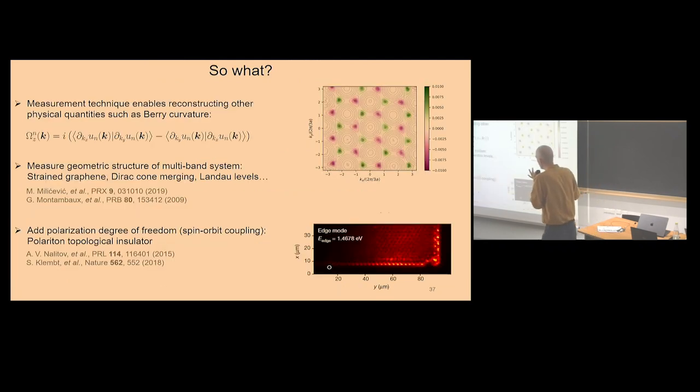Okay, so we have measured the Hamiltonian of the system, and this allows us then to reconstruct some of these physical quantities I was mentioning earlier, which require the knowledge of this eigenvector. So typically, for instance, this is a reconstruction of the Berry curvature for this lattice, and we see that we have non-zero components of the Berry curvature around the K values of the lattice.